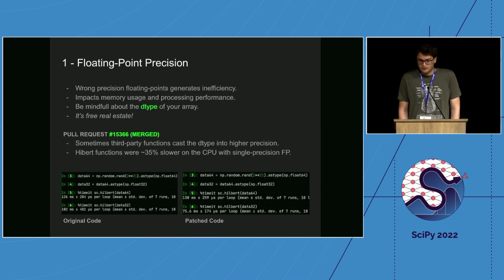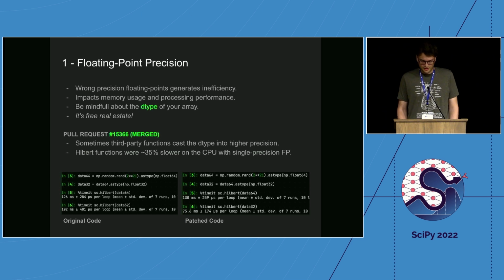So for example, you don't need a cannon if you want a BB gun or something. This will impact your memory usage and processing performance if you choose the wrong floating point. For example, if you are counting from 1 to 10 in increments of one, you don't need float 64, you can use float 32 instead.